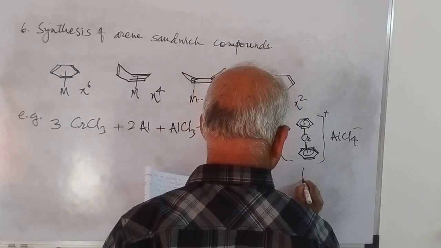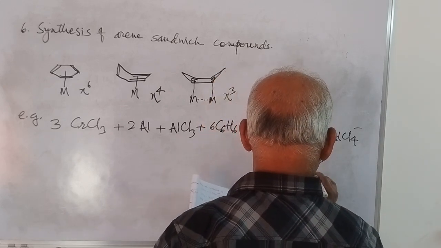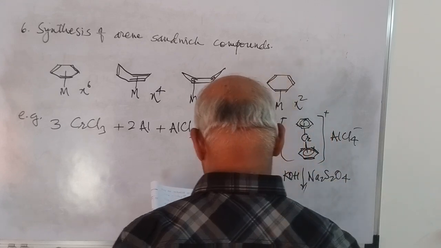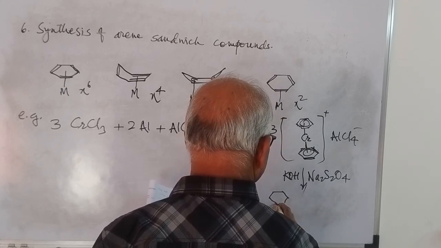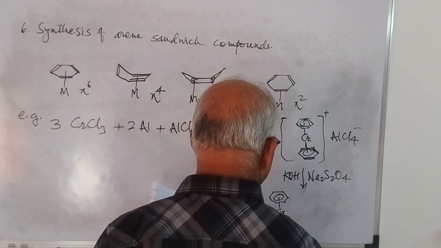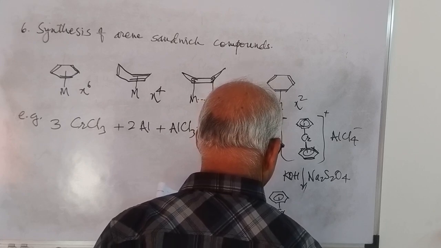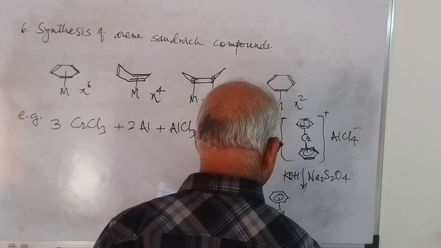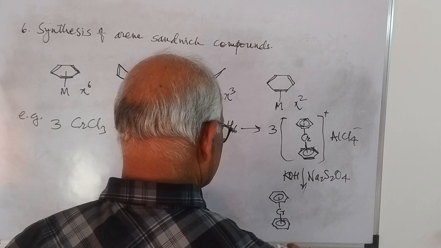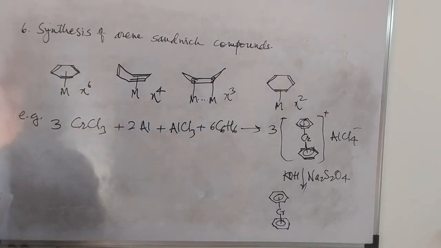Now this is further treated with Na2S2O4, so that it gives a compound like this, our product where two benzene rings are attached.